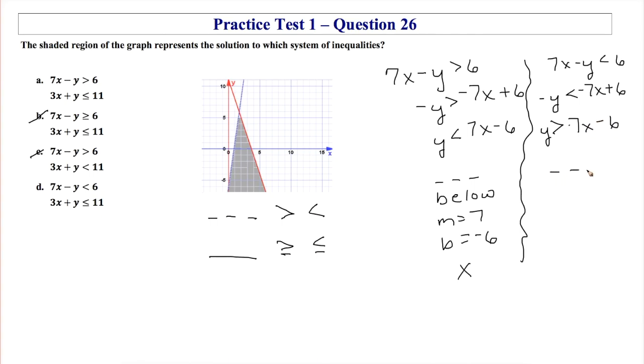Here we get a dashed line, shading above, a slope of 7, and a y-intercept of negative 6. So the correct answer is answer choice D.